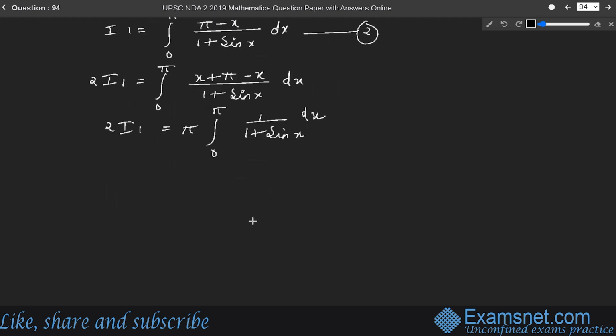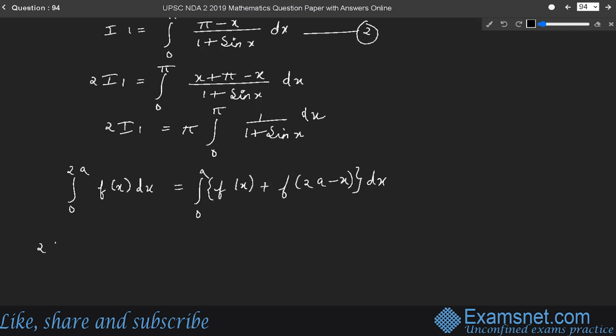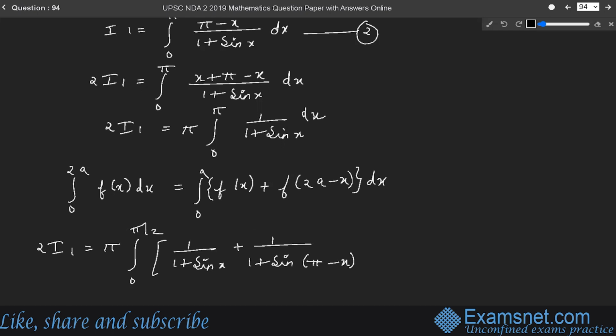Therefore, by using the identity which is integral 0 to 2a f of x dx is equal to integral of 0 to a f of x plus f of 2a minus x dx, 2I1 will be equal to pi into integral of 0 to pi by 2 into 1 upon 1 plus sin x plus 1 upon 1 plus sin pi minus x dx. I hope this step is clear to you.